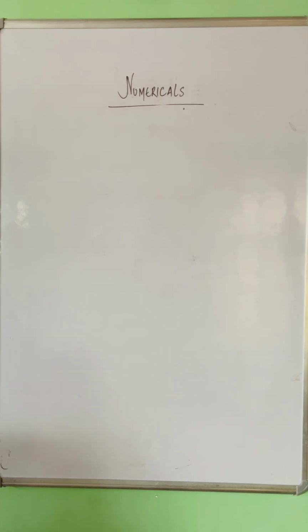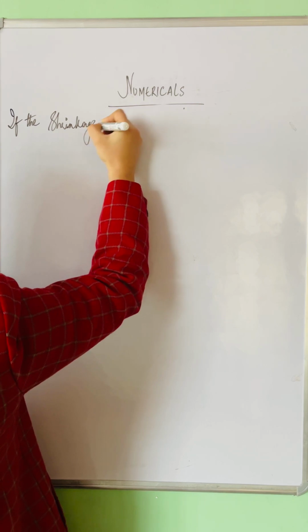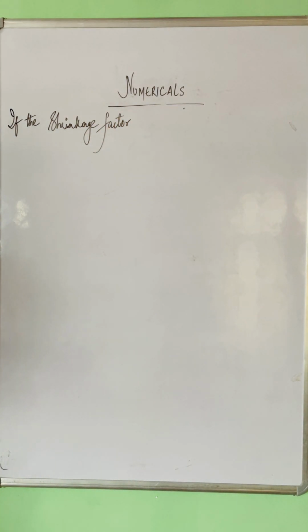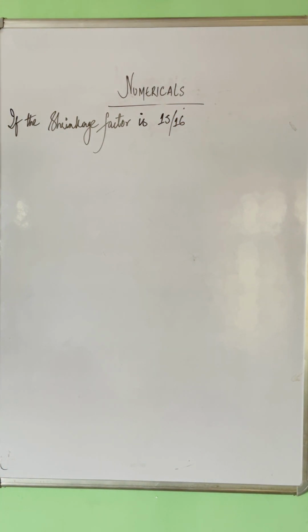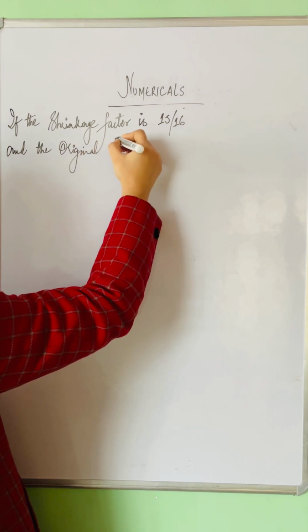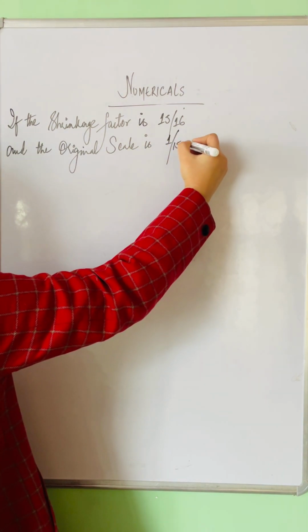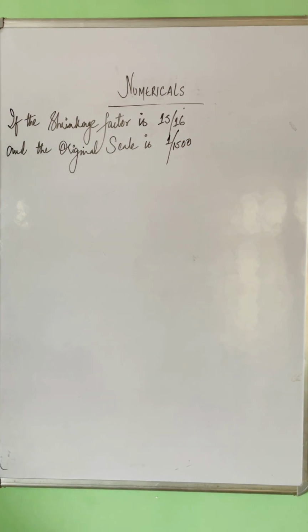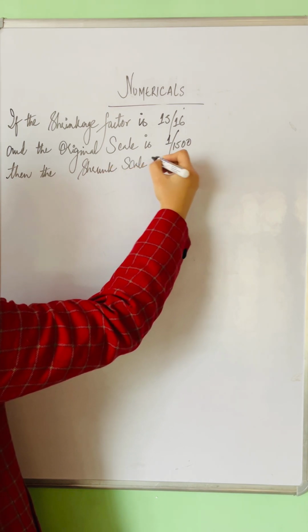The next question is, if the shrinkage factor is 15 by 16 and the original scale is 1 by 1500 representative fraction of the scale, then the shrunk scale will be, we have to find the shrunk scale.